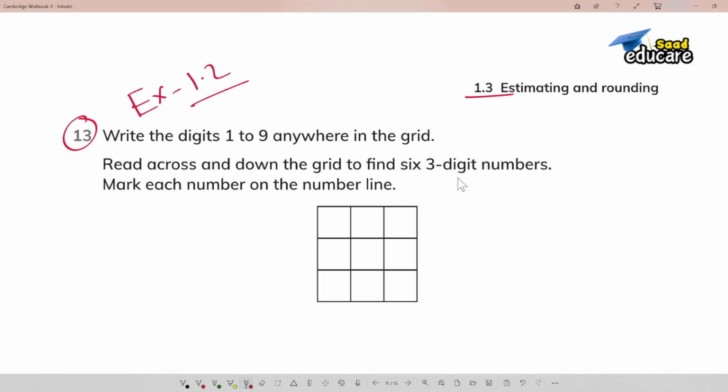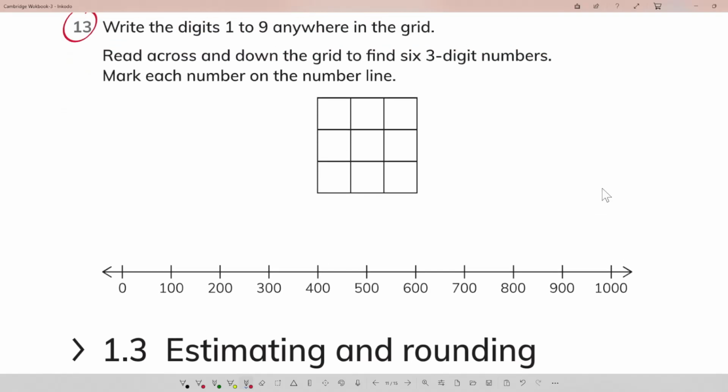So let's think. We can write 1, then 2, 3, 4, 5, 6, 7, 8, 9. Okay, now read across and down the grid to find 6 3-digit numbers. Suppose first we can take across and down.